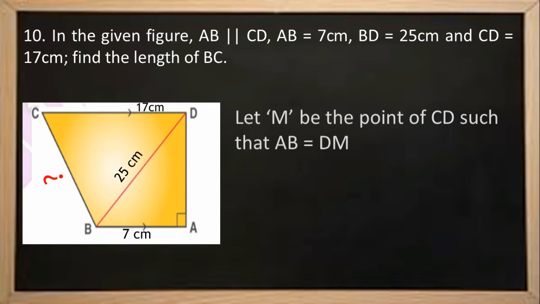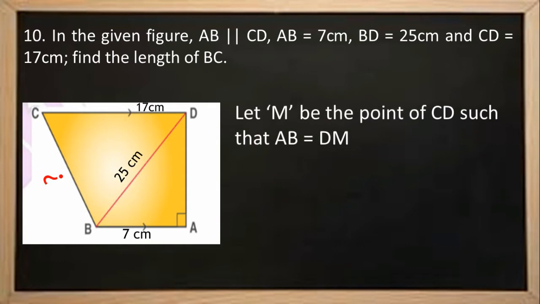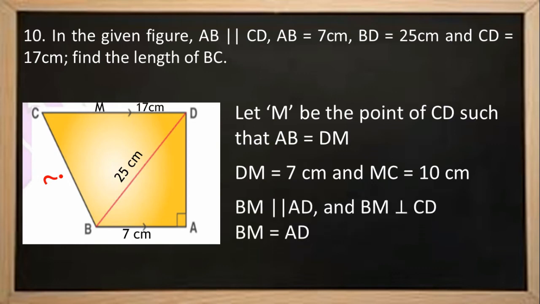So let us consider M as a point on CD on a condition that AB is equal to DM. With the same distance, let us consider the point M on CD so that DM is 7 cm and MC will be equal to 10 cm.